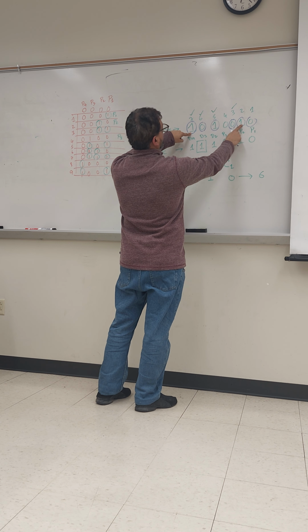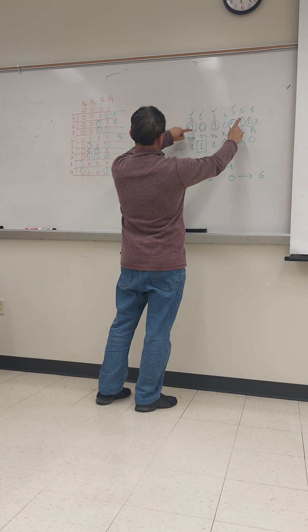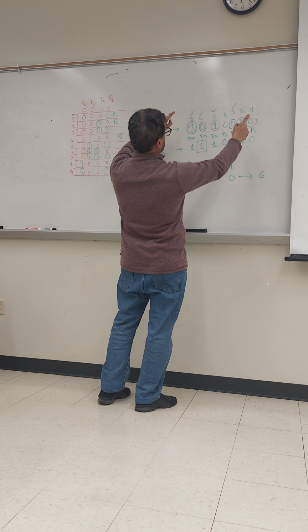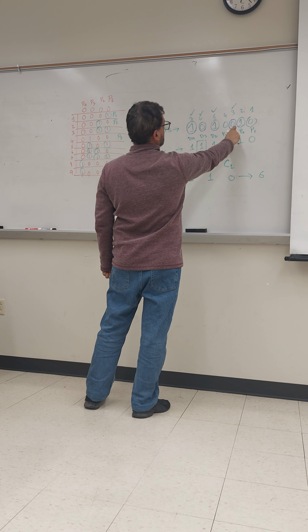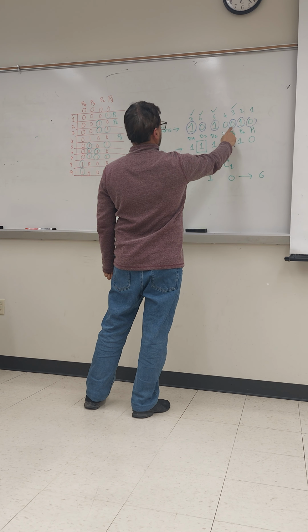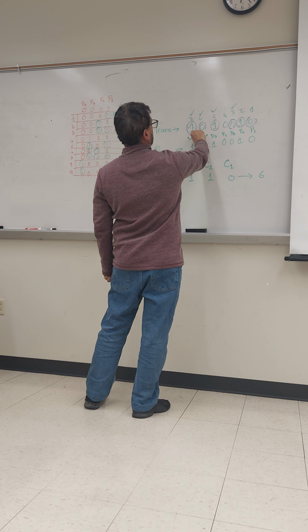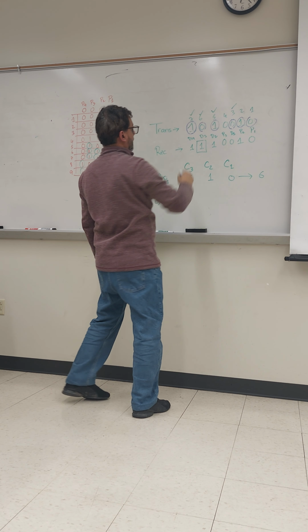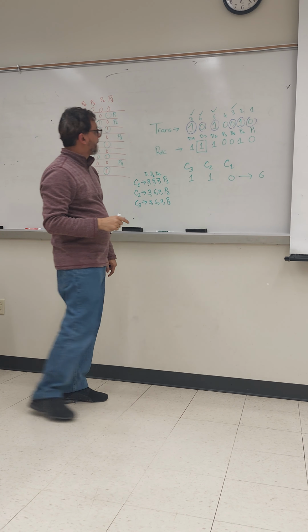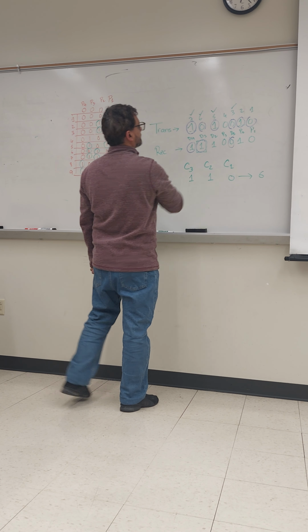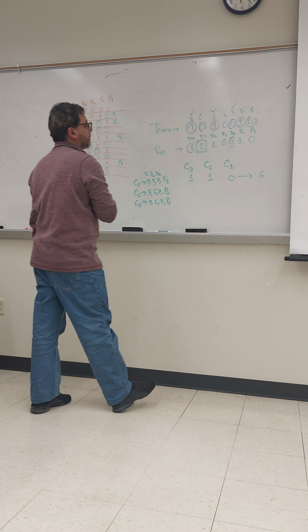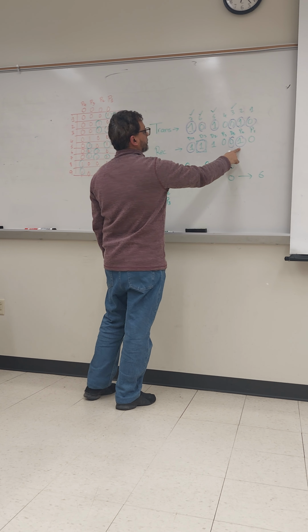We should check on the receiver side. Yes, 3, 6, and 7, and including P2. Now we have 1, 2, 3, an odd number of ones. So it is wrong.